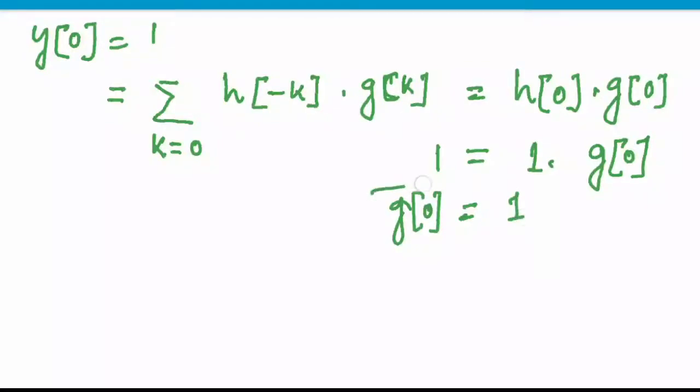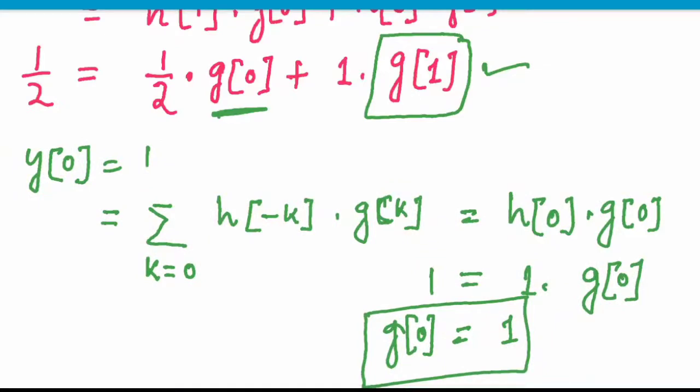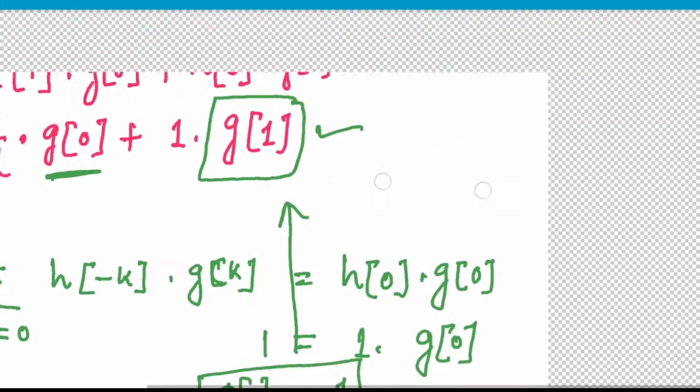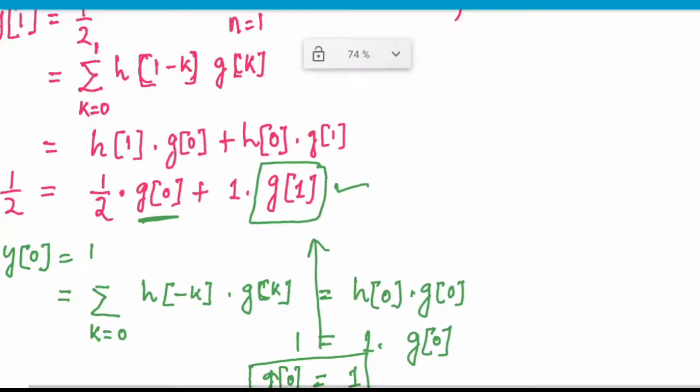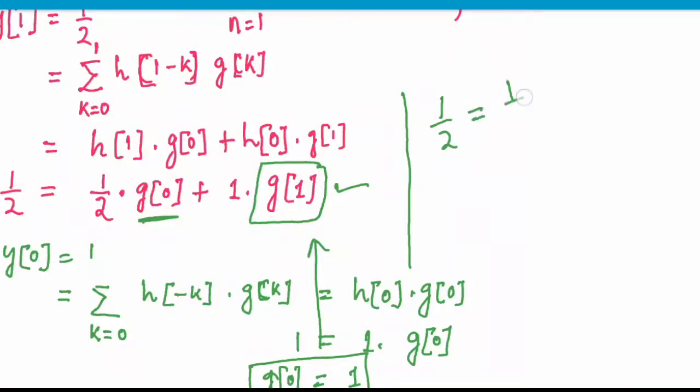So we will put this term in the equation we got earlier. What will we get? Half is equal to half into g of 0, which is 1, plus 1 into g of 1.